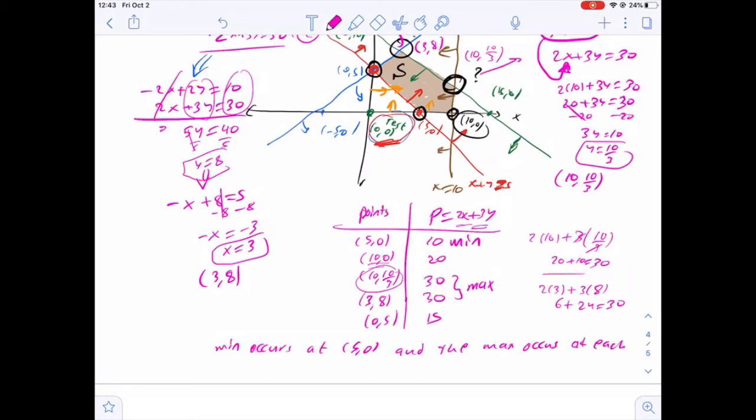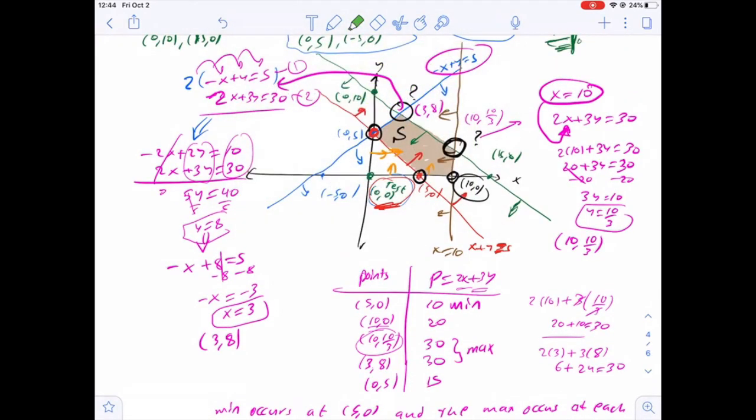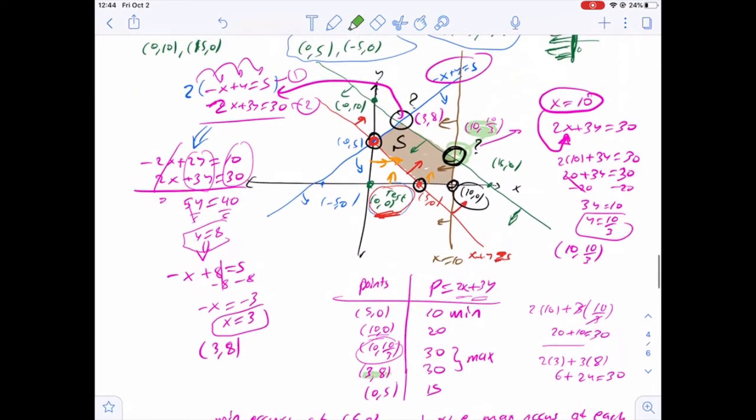at each point on the line segment that connects the points (10, 10/3), this point here, and the next point (3, 8).